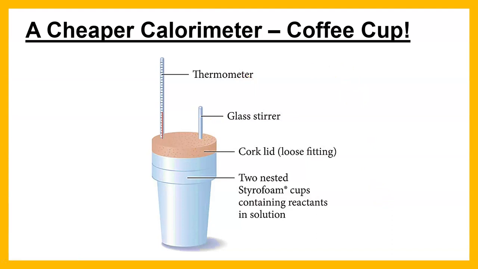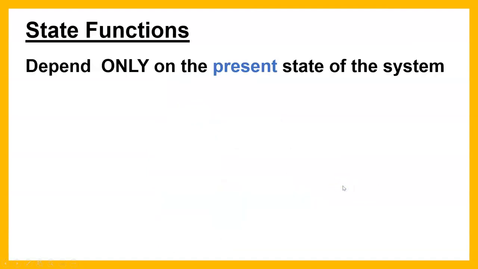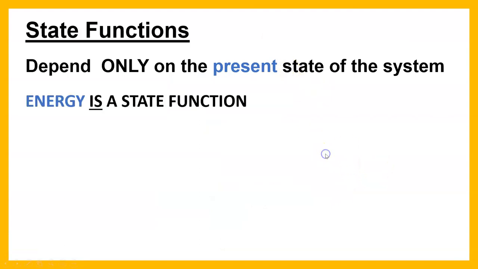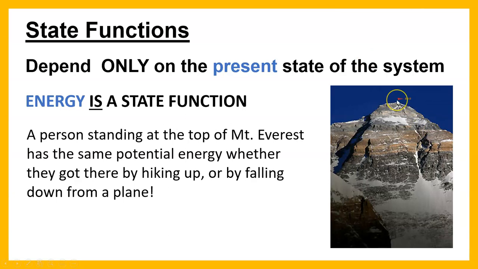One thing that we're going to learn in this class that we're going to start using more often is something called a state function. The reason why this is an important concept is because energy is a state function. A person standing on the top of Mount Everest is going to possess the same amount of potential energy regardless of how they got to the top of the mountain.